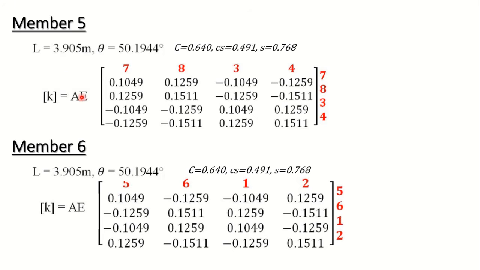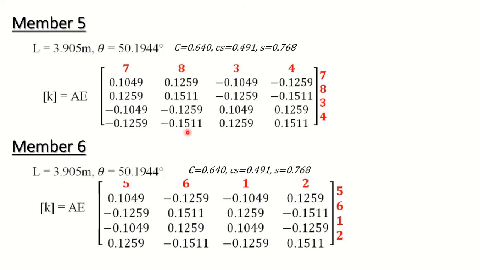Here the length comes out to be 3.905 meters. The angle, as I told, on calculation you will get as 50.19444 degrees. Taking the ratio of cos of this angle and sine of this angle, we'll be able to write cos square theta, the cos theta sin theta product, and sin square theta.